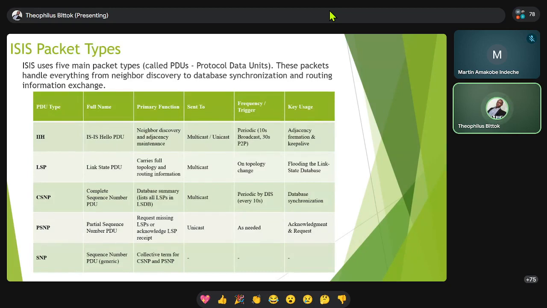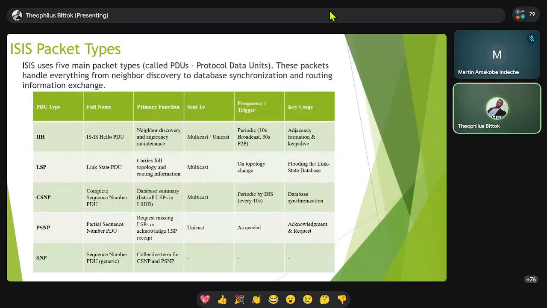After the formation of the adjacency, these routers will always send each other hellos periodically just to confirm that my neighbor is still up. So the hello packet is used for neighbor discovery and also maintenance of that neighbor.